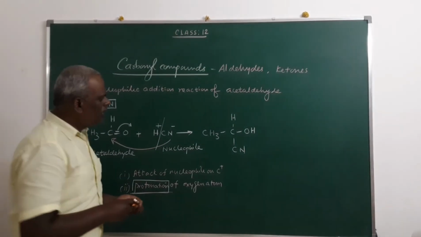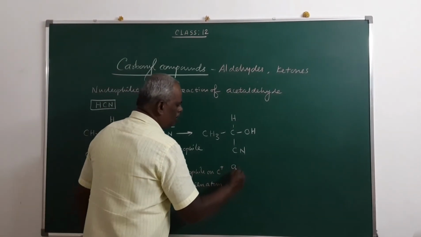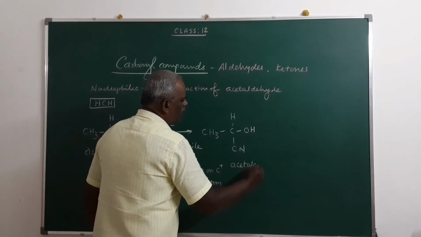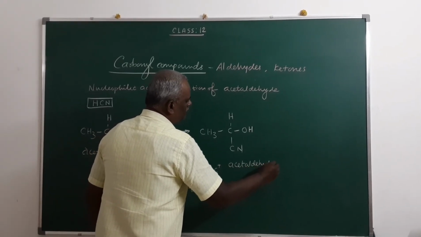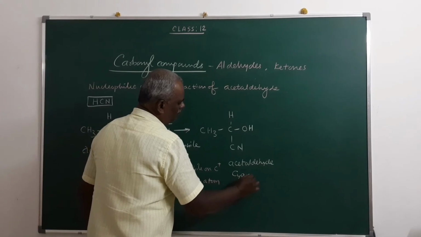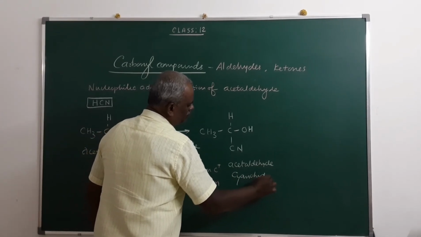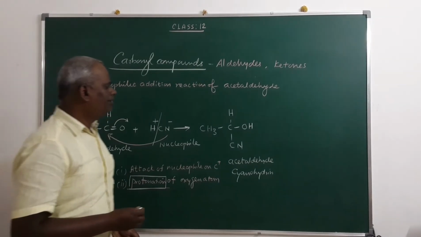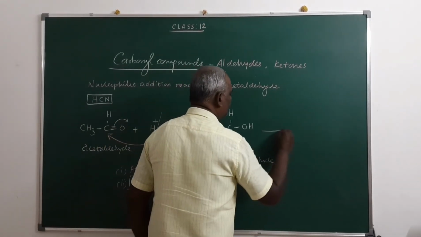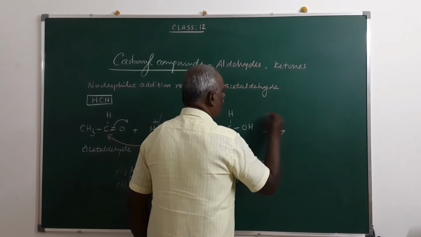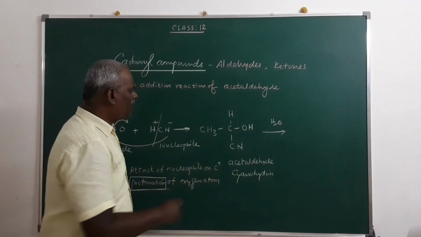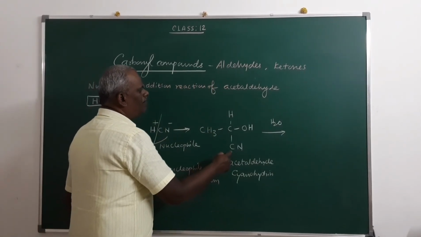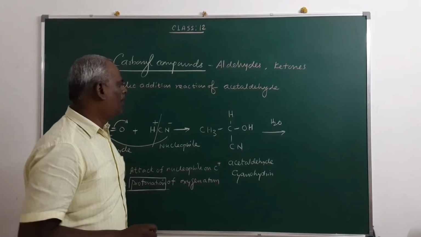The compound's name, what is it? It is to be called acetaldehyde cyanohydrin. Now this acetaldehyde cyanohydrin, on hydrolysis, what happens? The cyano group can be converted into carboxyl group as follows.